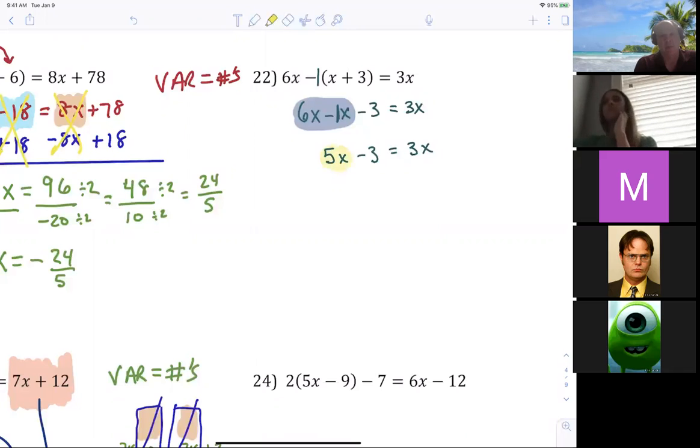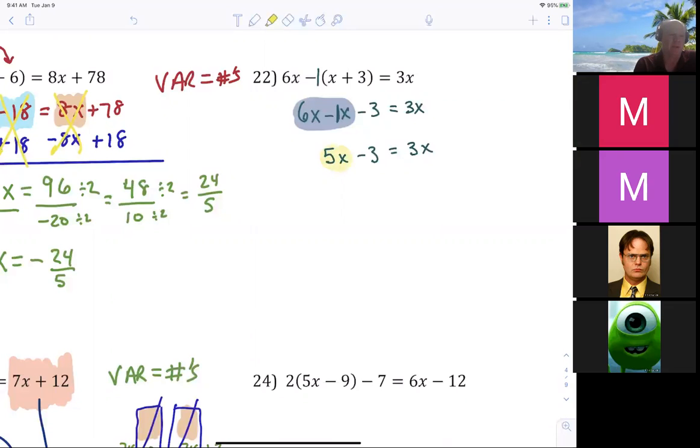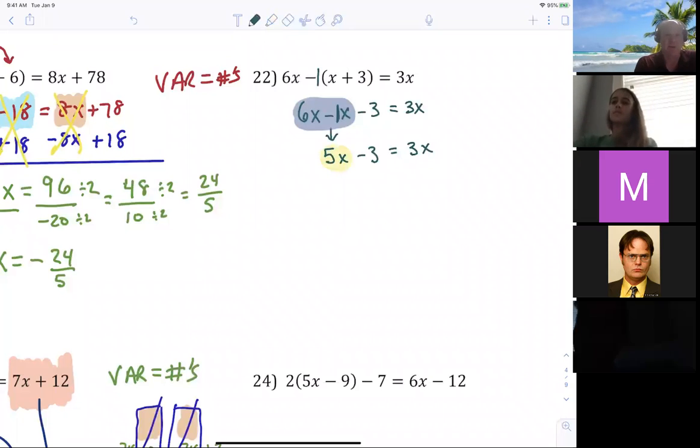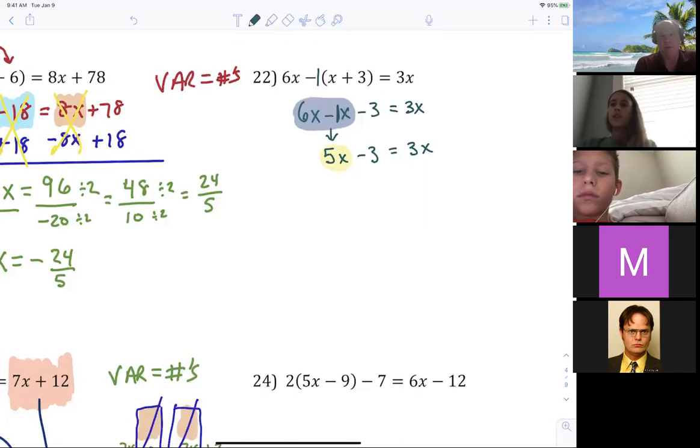That's why you got to pay attention and you got to ask me right away. Wait, why did you add the 1? What do you mean? I just said what's 6x minus 1x. What is it? 5x. Yes. That's how I got from 6x minus 1x to 5x. Do you agree with that or not? I agree with that. Okay.